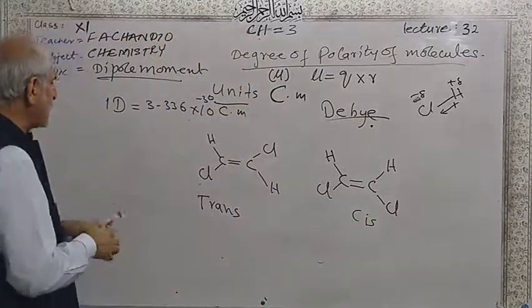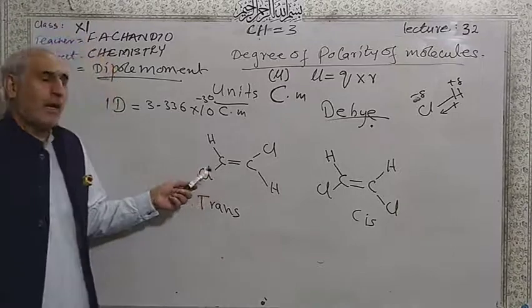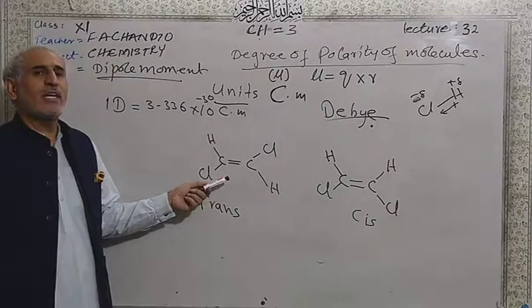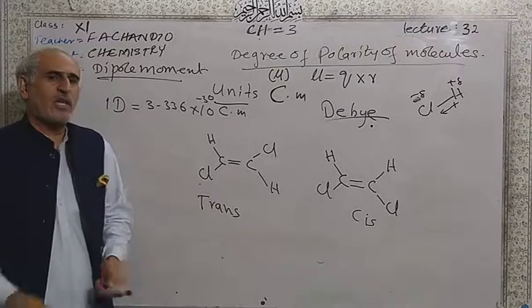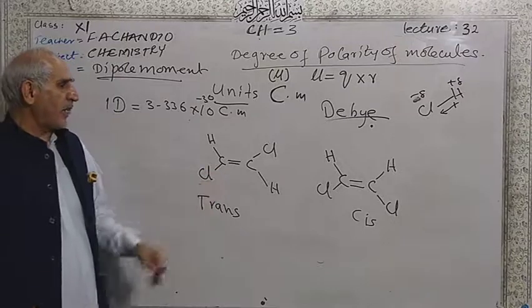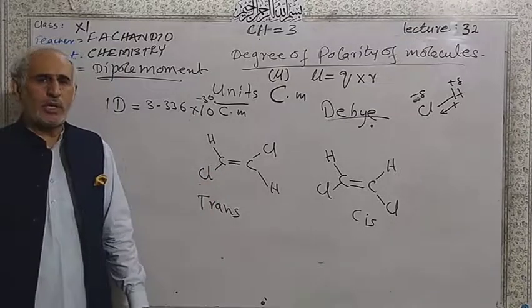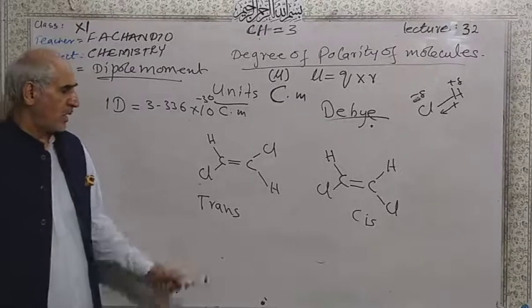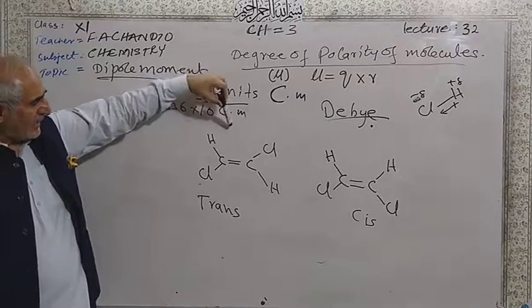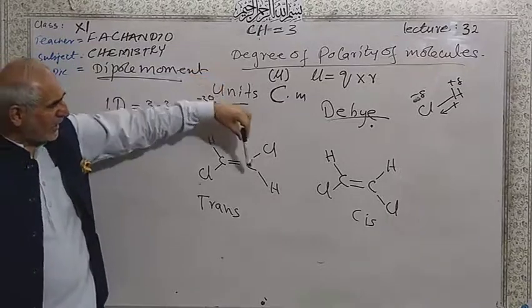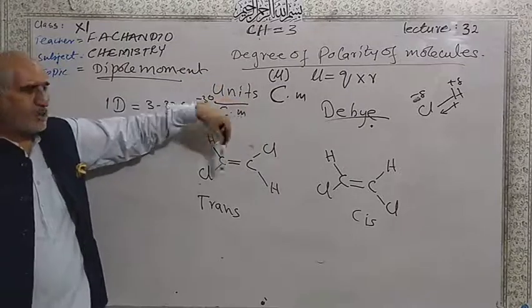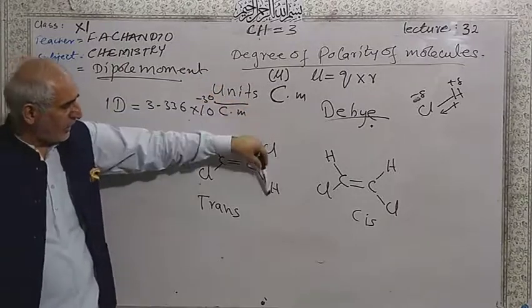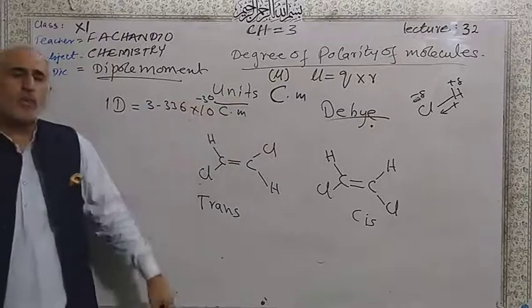This is explained on the basis of geometrical isomerism. We call it cis and trans isomerism. Same name, 1,2-dichloroethene. The difference is that in this one the identical groups are opposite: hydrogen, hydrogen, chlorine, chlorine, opposite.